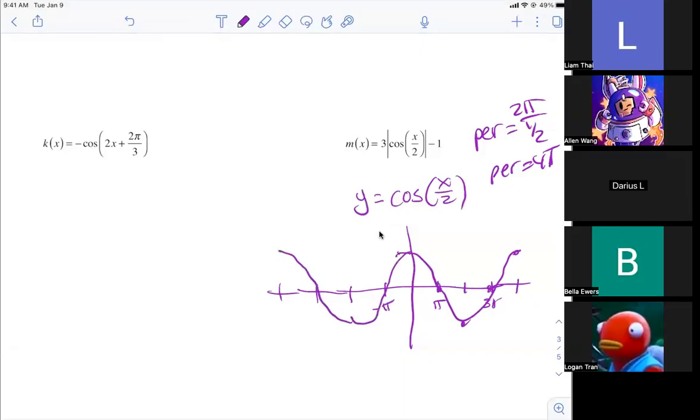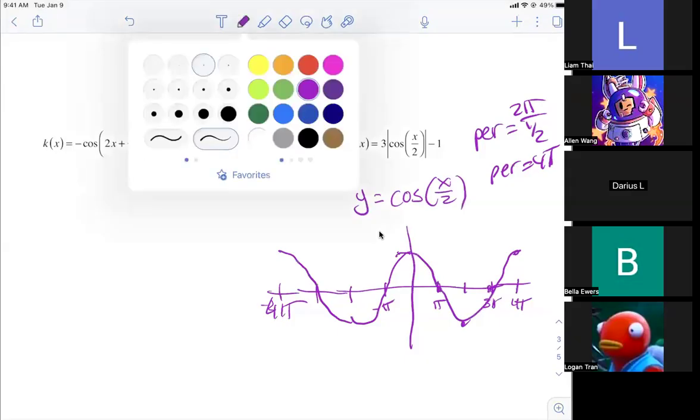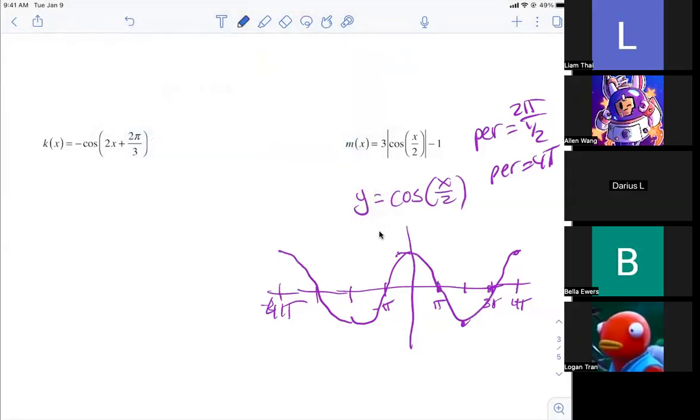And once I've done that, let me just make sure, negative 4 pi, 4 pi. Then I tackle the absolute value, right? Because the absolute value means everything that's negative becomes positive. So now I've got this blue graph. Now I've graphed the absolute value of cosine of x over 2.